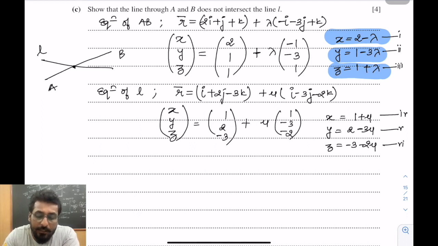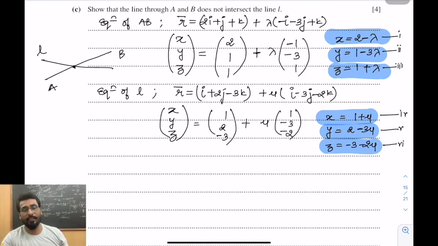Now you can easily understand that these equations are giving you the values of what? x, y, z. So just imagine one line AB, one line L. They are both intersecting. There is a point of intersection. The point of intersection will have coordinates x, y, z. The coordinates of the point of intersection from the line AB and from the line L should not be different. They should be the same, right?